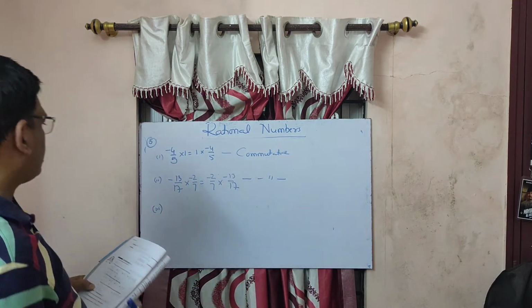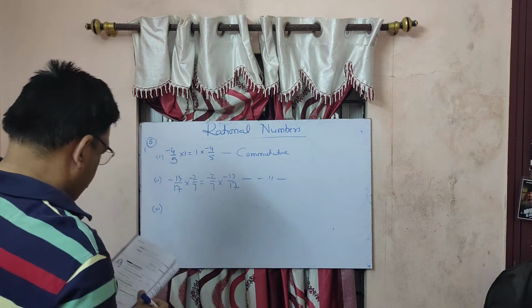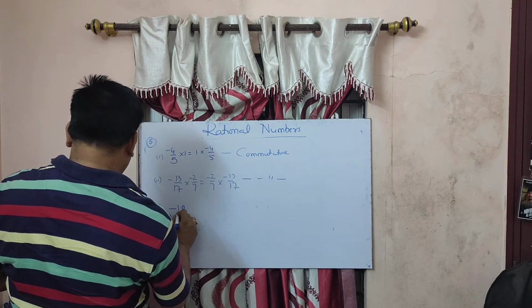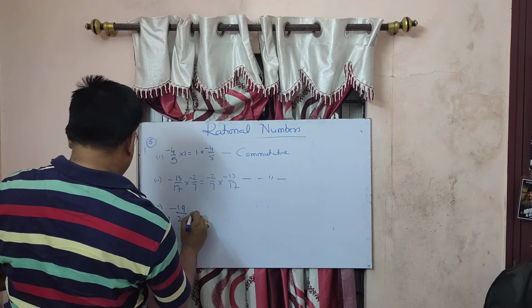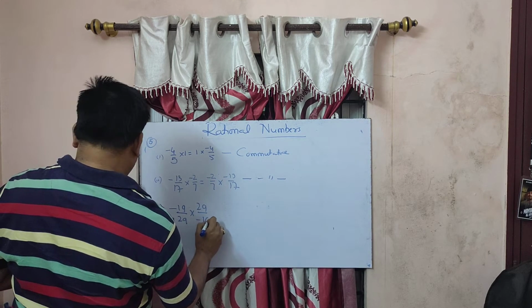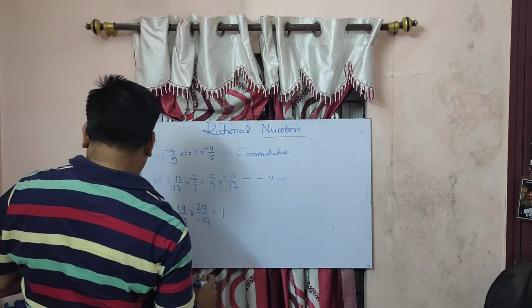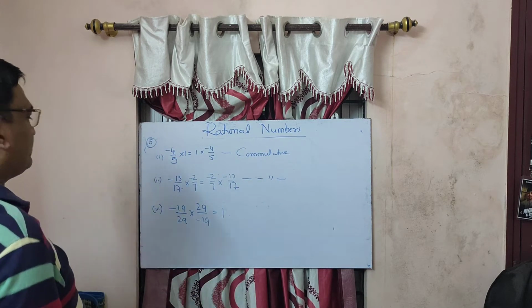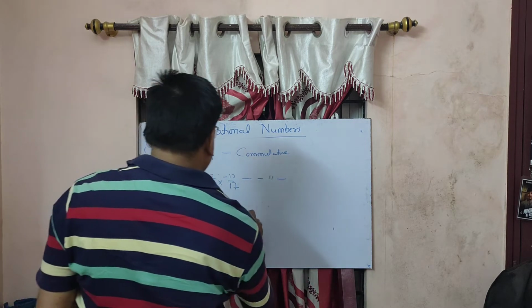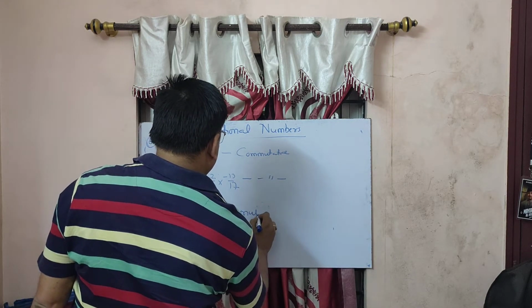Okay, now the last one. Minus 19 upon 29 into 29 upon minus 19 is equal to 1. What is this property? Can you tell me? Multiplicative inverse.